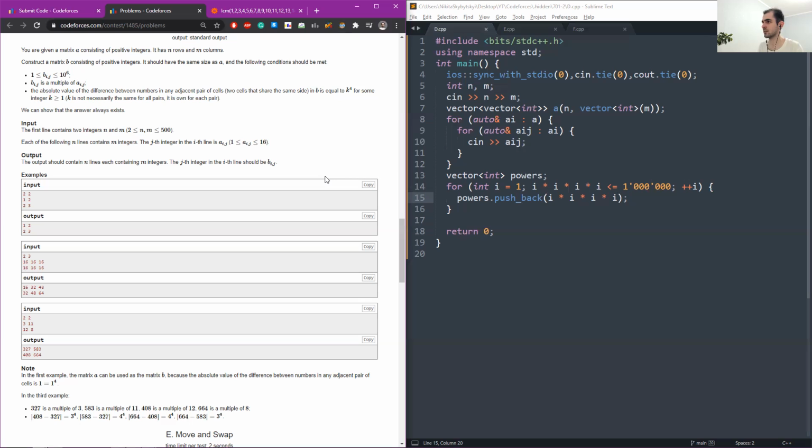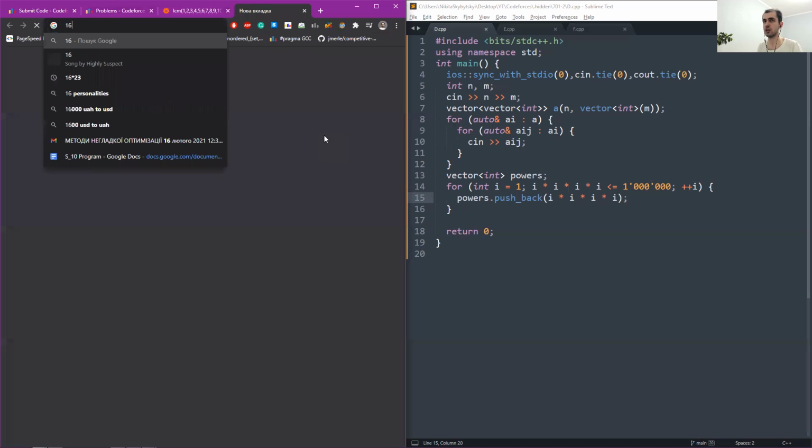And GCD can be 16. GCD can be 11, which is not great, because then we would have to take 11 to the first.